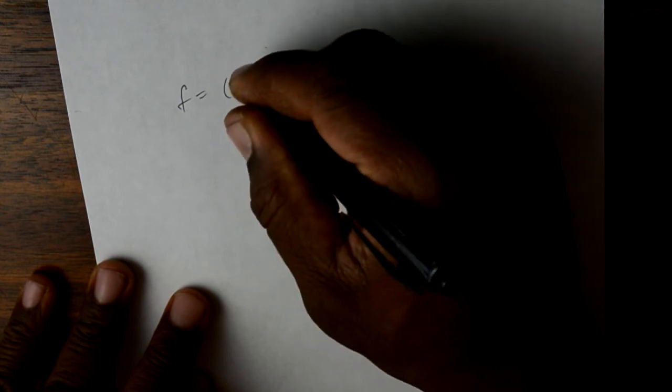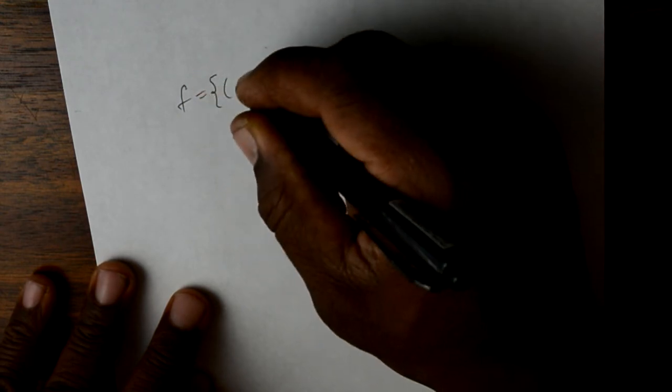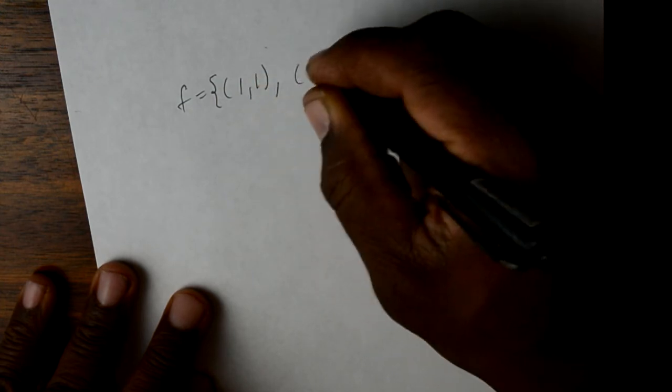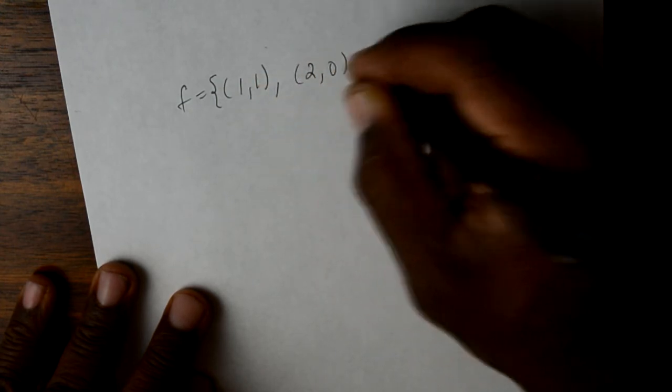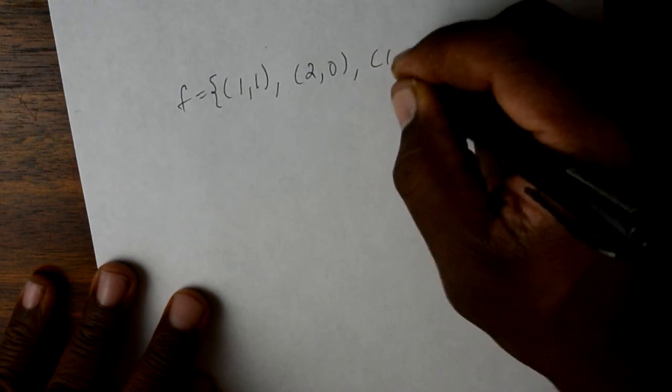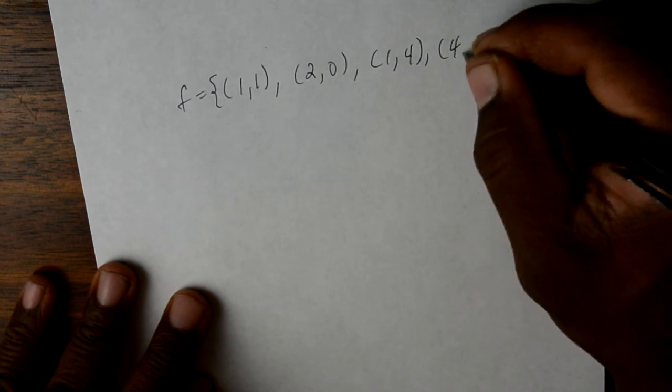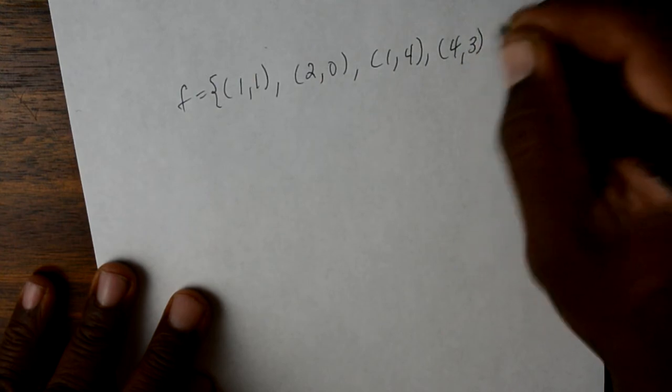So here we have the relation f is equal to (1, 1), (2, 0), (1, 4), (4, 3).